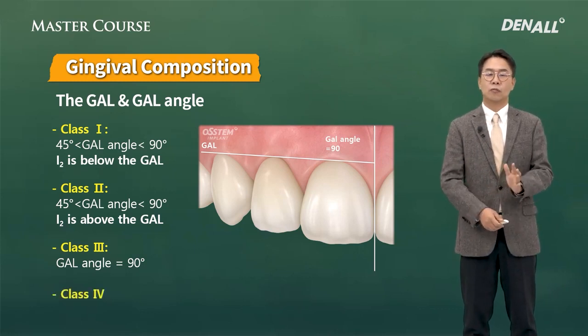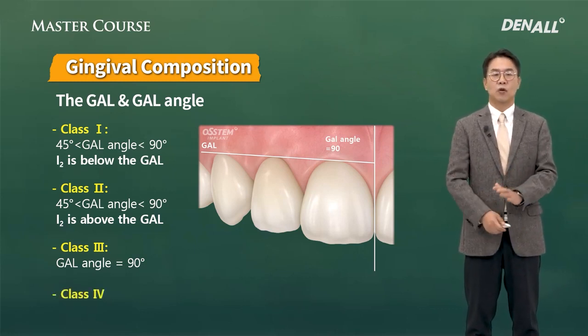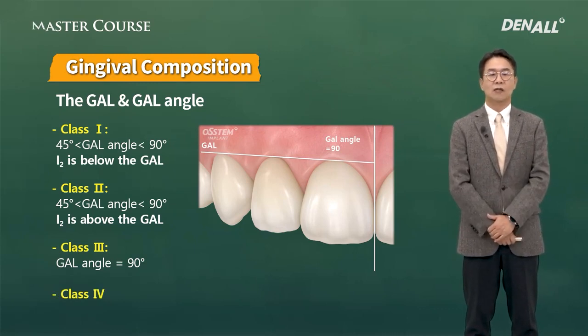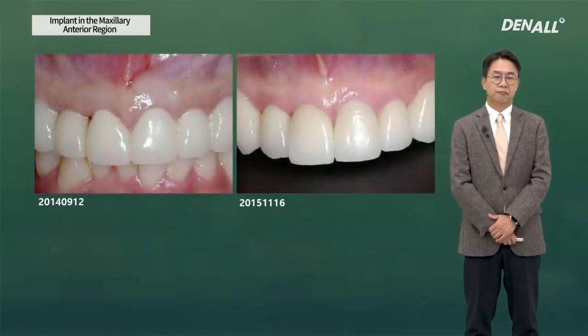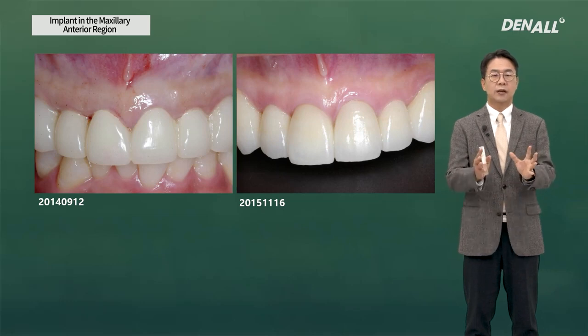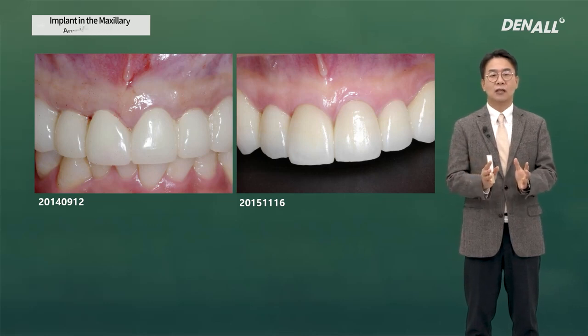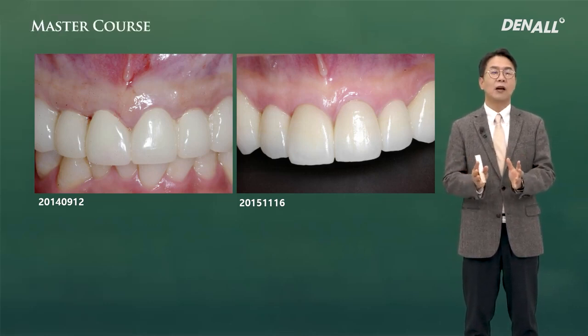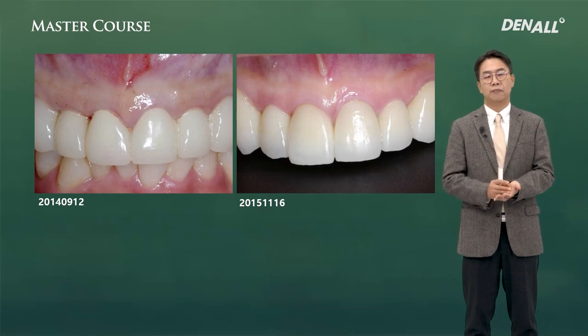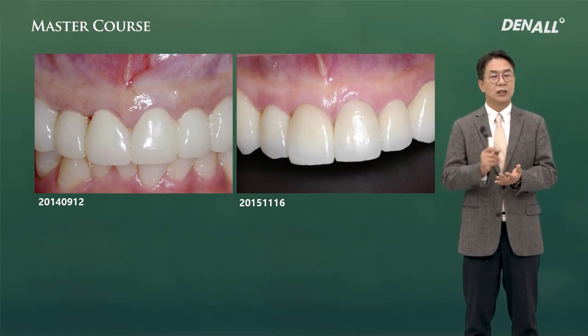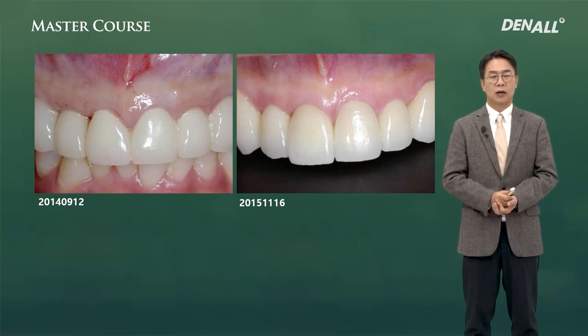And class 4 means that cannot be determined because it is edentulous case. So it differs from person to person. If you look at here, it's the same patient, but the teeth appear to be different. The contour looks a little bit different, and the form of teeth as well.